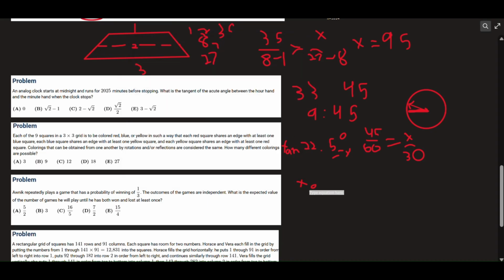Insert equation. We have tan of 45 equals, and then using the equation, we have 2x over 1 minus x squared.